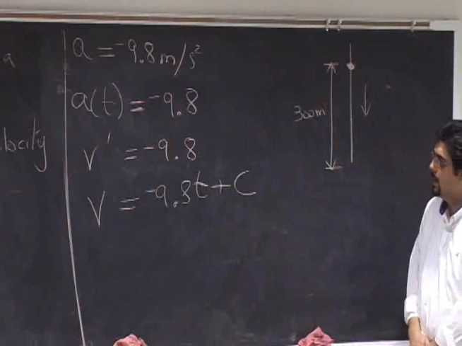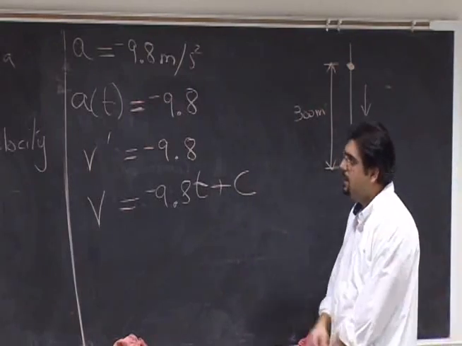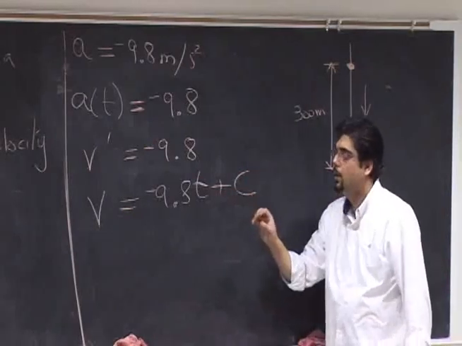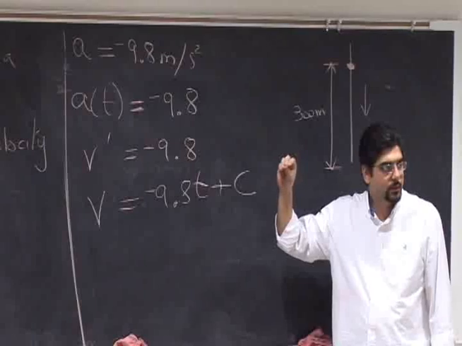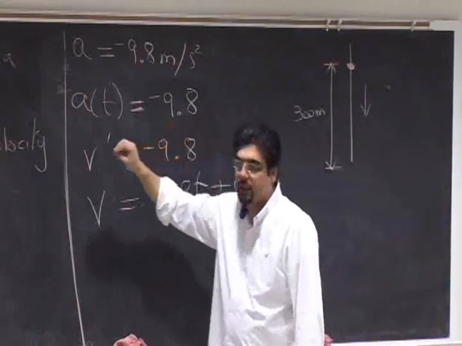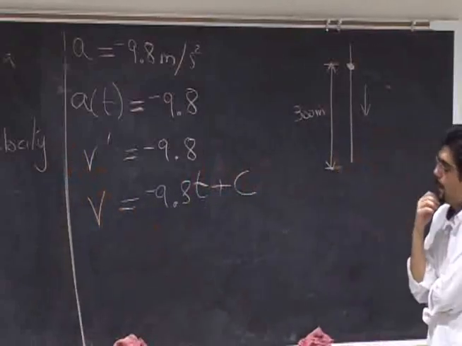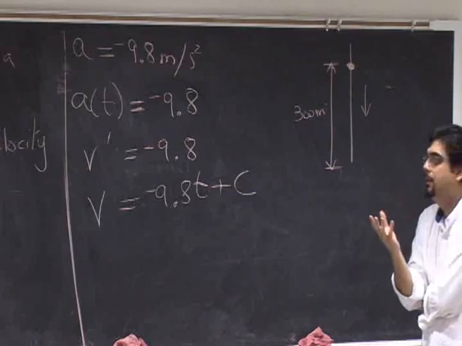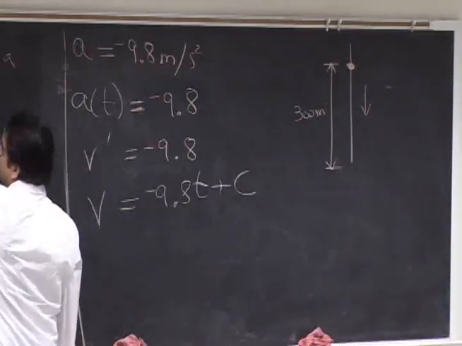Great. But this is a particular problem. We don't want to describe the motion of all the objects that were dropped. We want to describe all the objects that were dropped from 300 meters specifically.